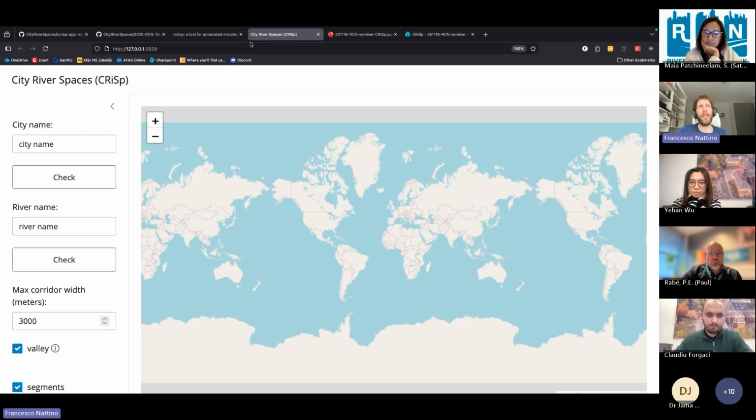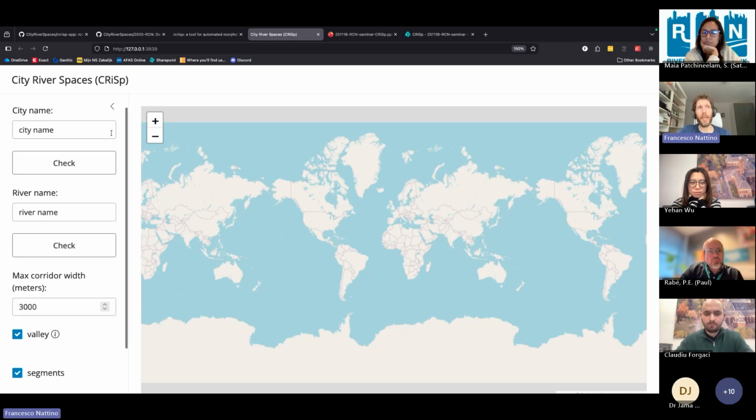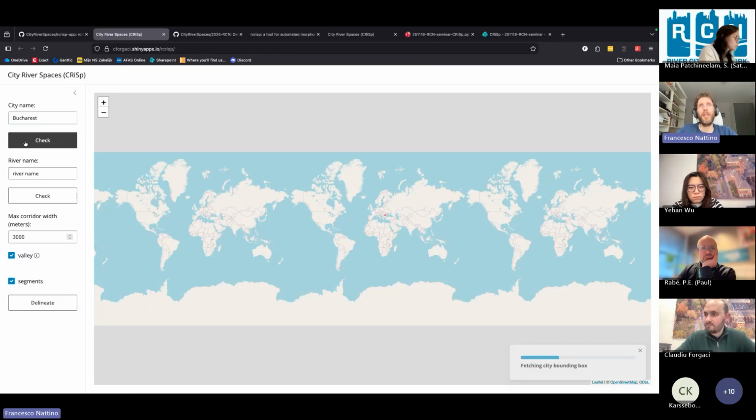And essentially, it provides access to the delineation of corridor and segments with some minimal options. Let me display it for our service.